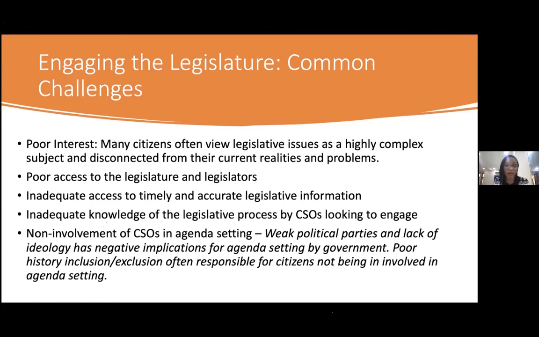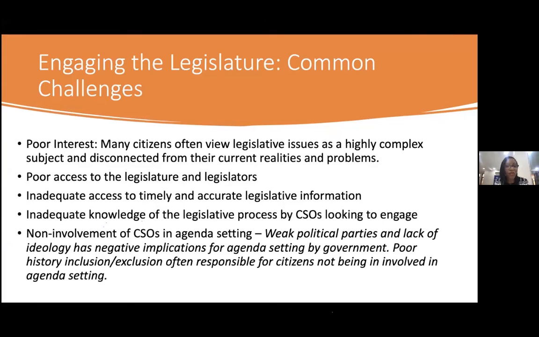In one way, our legislatures, both at the federal and state level, have a lot of work to do in putting out information about what they do, about their bills, their motions, and the legislation they pass. There are gaps in that area. And also on the part of citizens, people tend not to go and ask questions. They assume that information is going to fall on their laps, and that's not what's going to happen. If you don't ask questions or seek out information, it won't come to you.